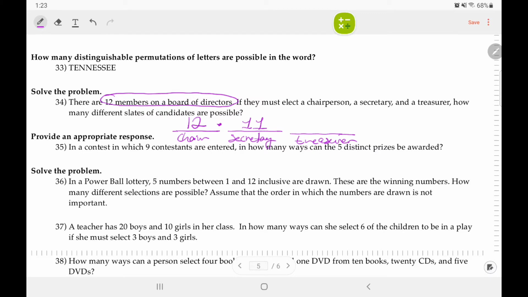After a chair and a secretary have been elected, there are 10 possible people left that can take treasurer. And so when I multiply 12, 11, and 10, that equals 1,320 different slates.